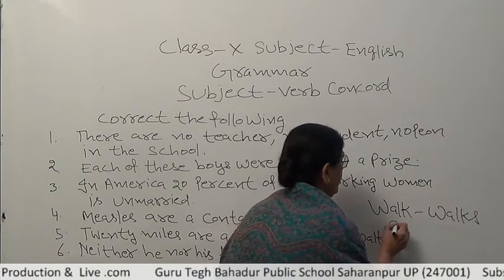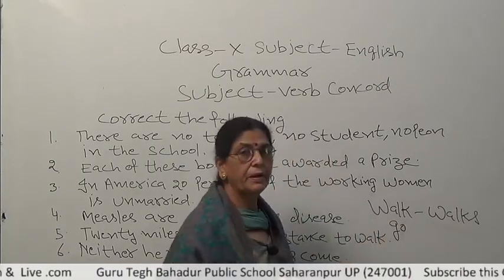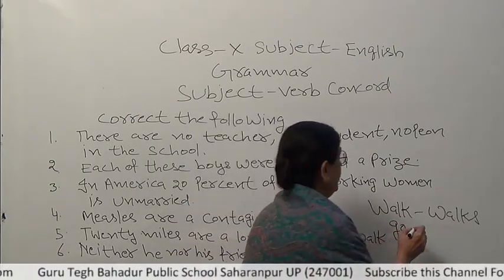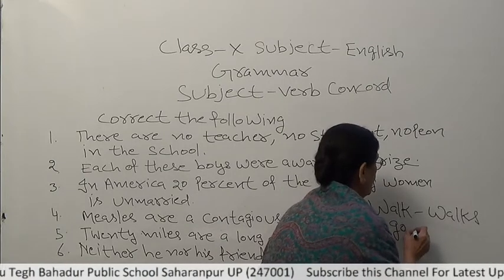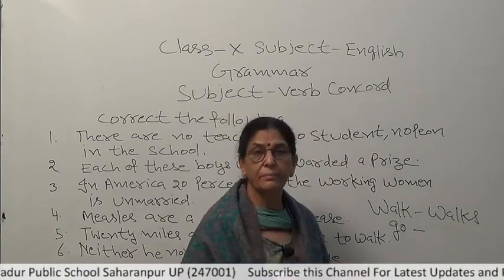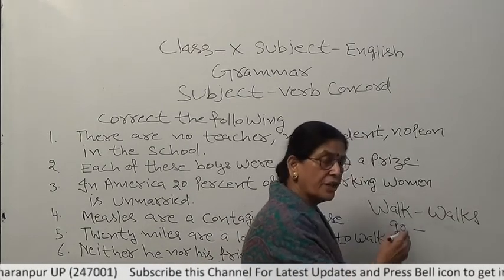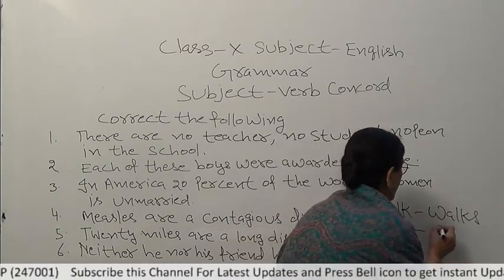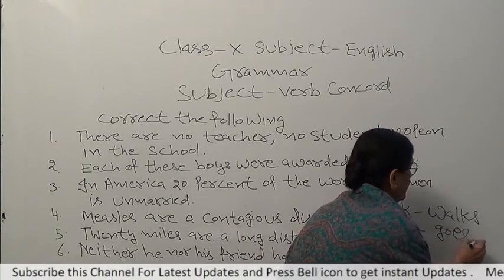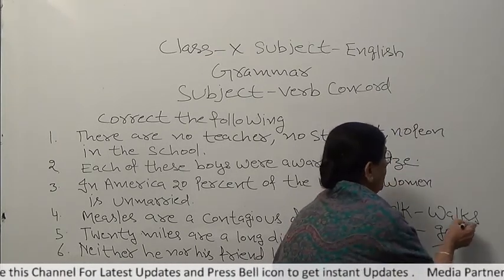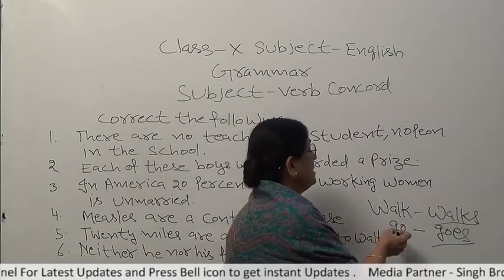I take the verb go. If I have to use it with the third person singular number he, she, it, then I have to make it singular. Goes. Now goes is singular. Walks is singular. He goes.